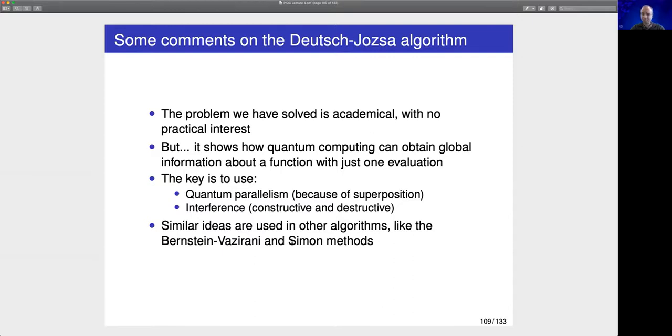So the ideas that these researchers developed working with these problems were then useful for other, more practical algorithms.